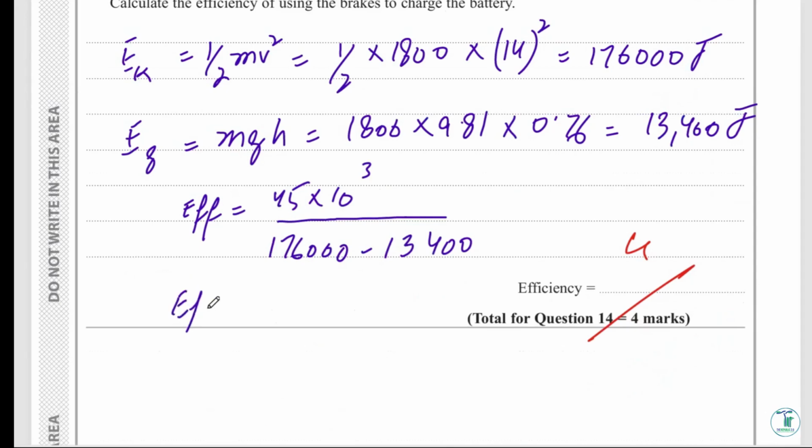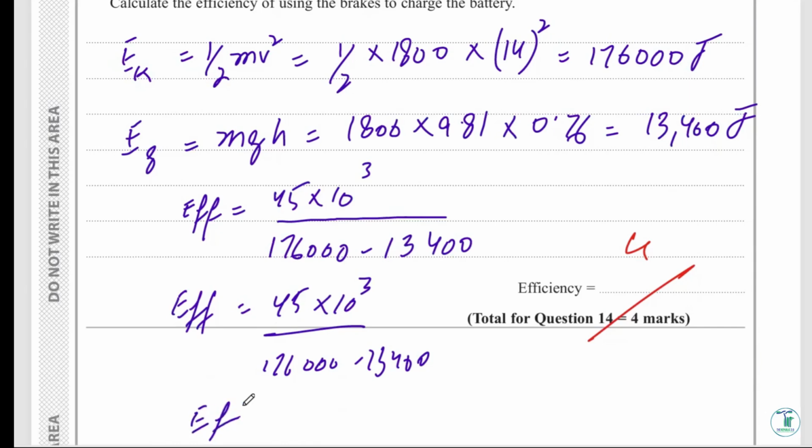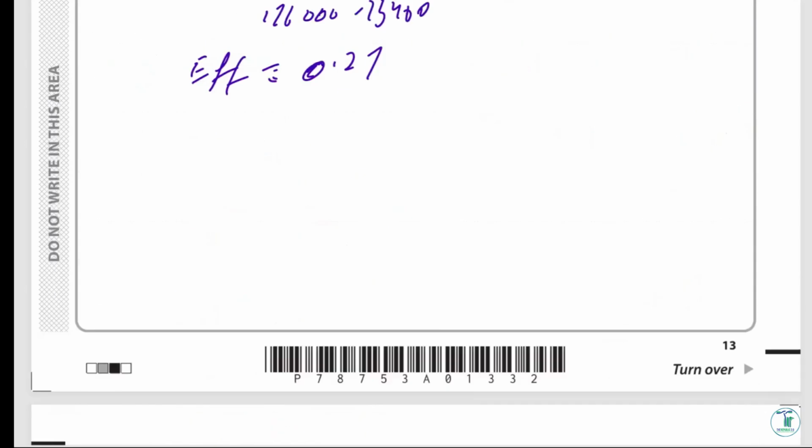When you divide them, you would have an efficiency of about 0.27. So that is how we can easily calculate the efficiency.